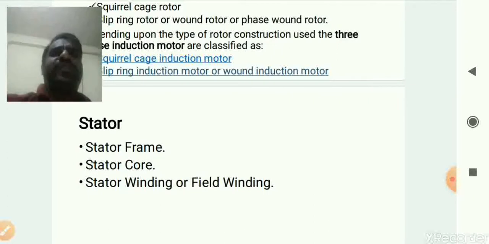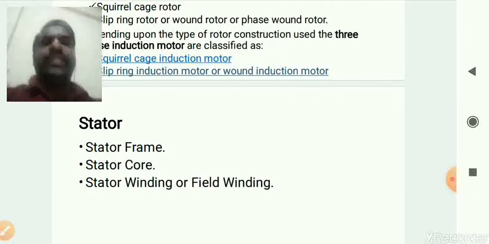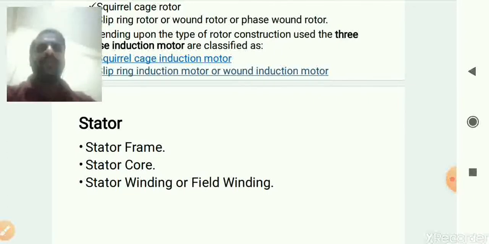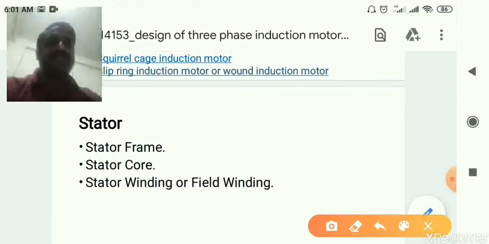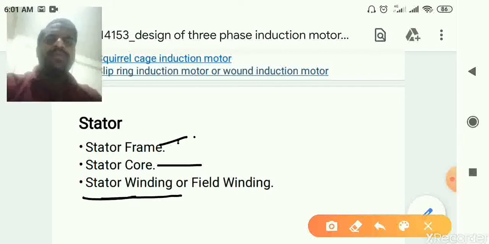As I already told, the stator is the stationary part of the machine, and the stator consists of three main parts. The first part of the stator is the stator frame, then the stator core and the stator winding. So the stator is normally made with these three parts.